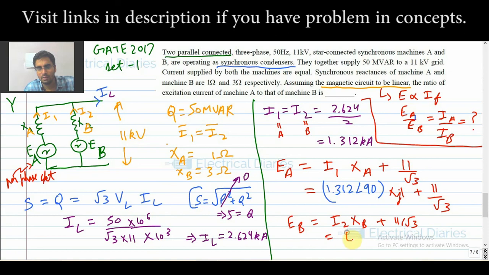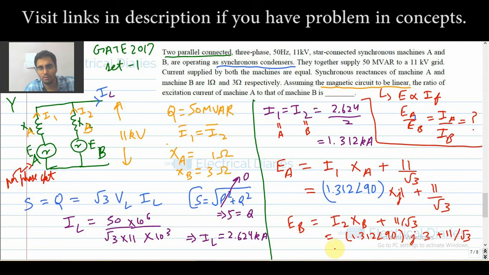This I1 is the same as IA, the same as IP. I2 again you will take as a leading power factor load, into XB which is J3, plus 11 by root 3.